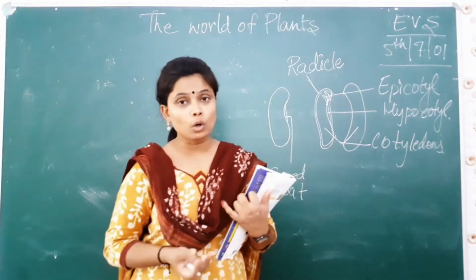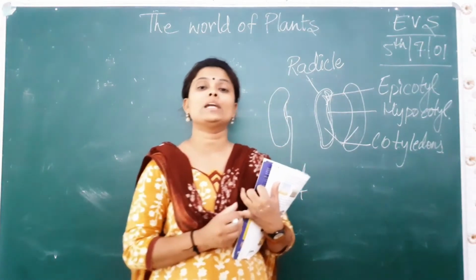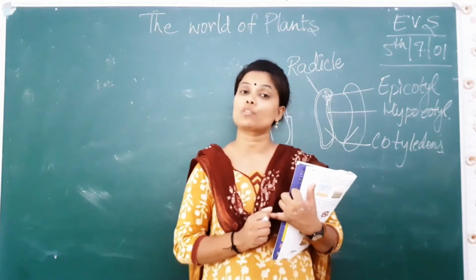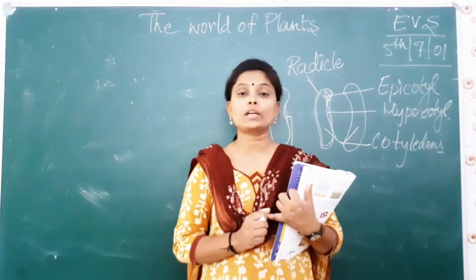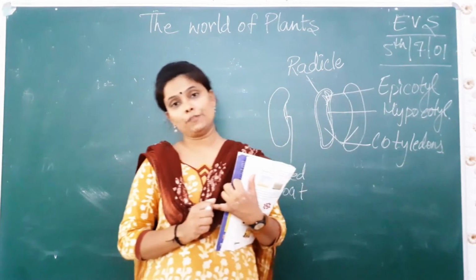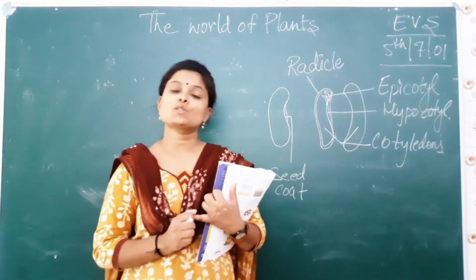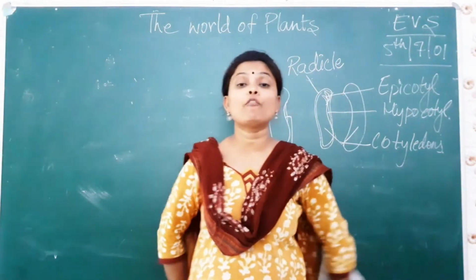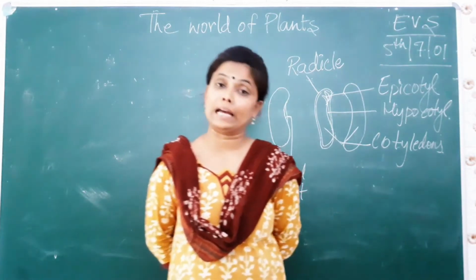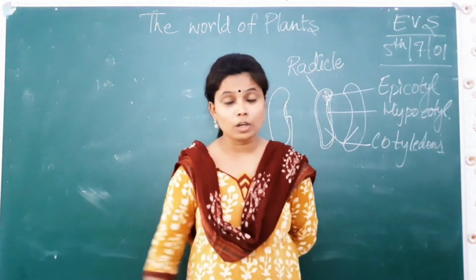Wheat we can grow in a region where we do not have much rainfall. That is okay for wheat. But if you have to grow rice, you need to have what? You need to have a good rainfall.